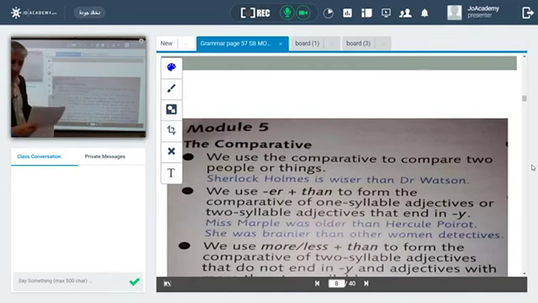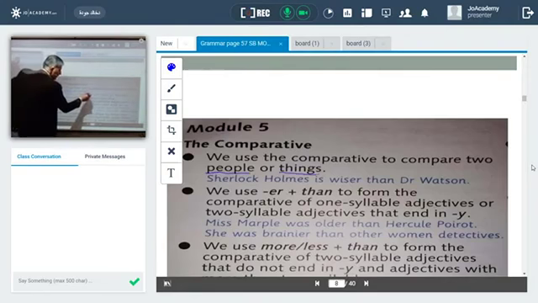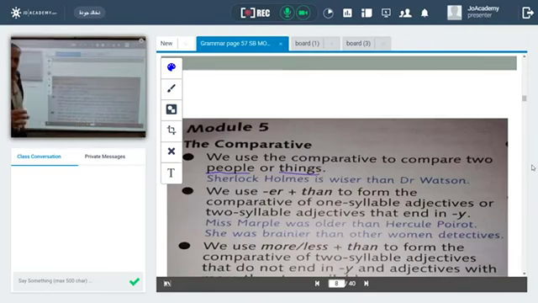Let's read and find out what it says. We use the comparative to compare two people or things. So you can make comparatives between people, between things, between countries, anything.